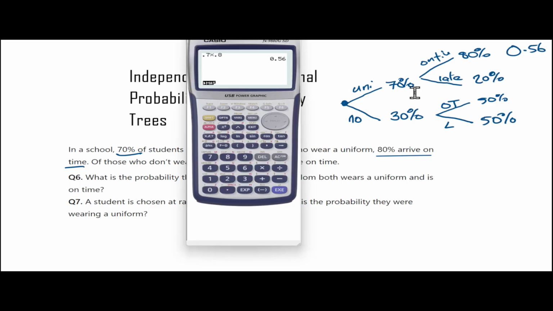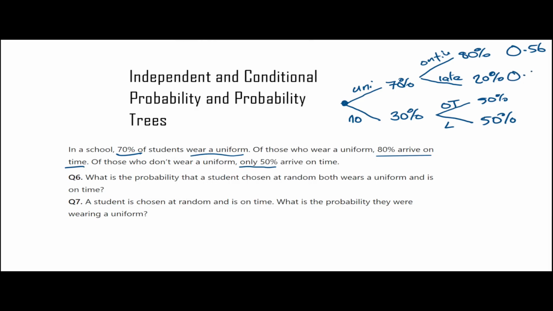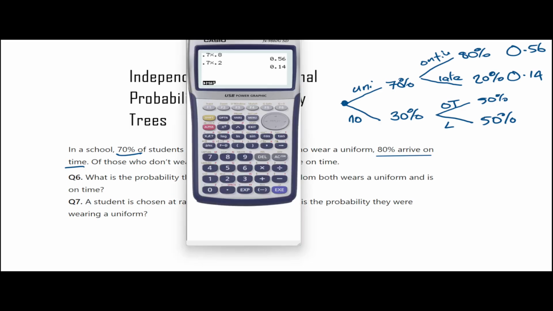Okay, wear a uniform and are late. So 0.7 times 0.2 is 0.14. And now down this branch, down there and then up there.